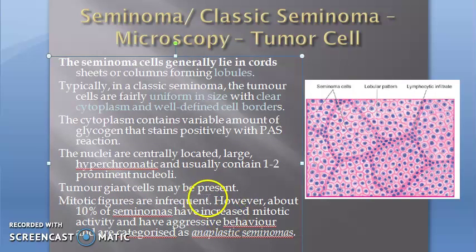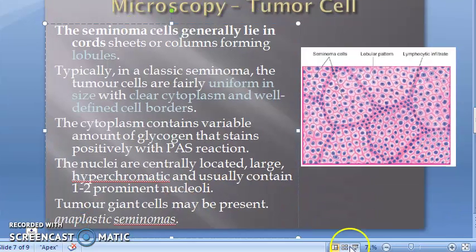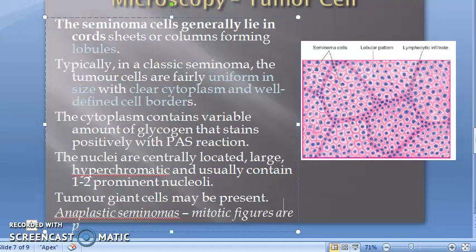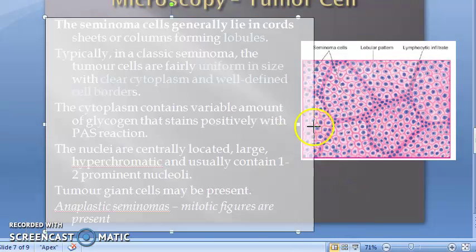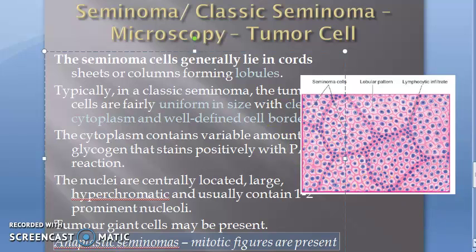Mitotic figures are not usually present, but if there is anaplastic seminoma, then mitotic activity will be there. In anaplastic seminoma, mitotic figures are present. Fine. I think we can now move on to the next part of microscopy, that is stroma.